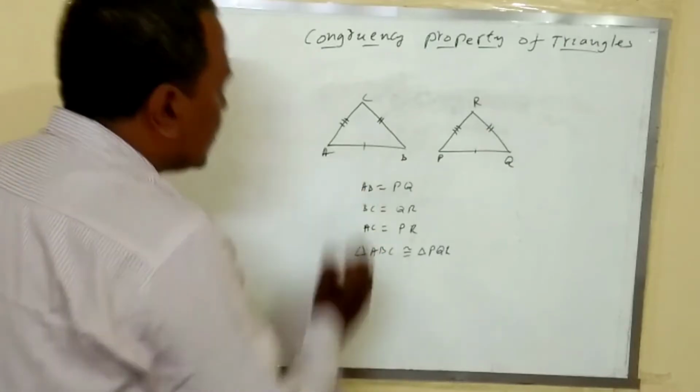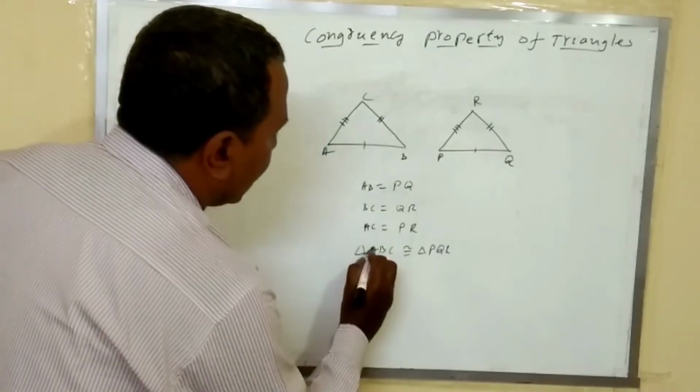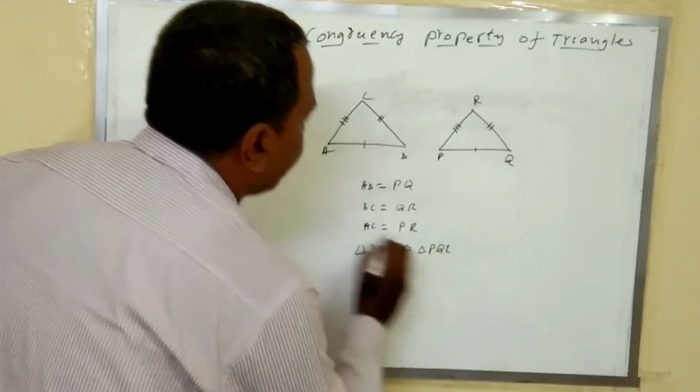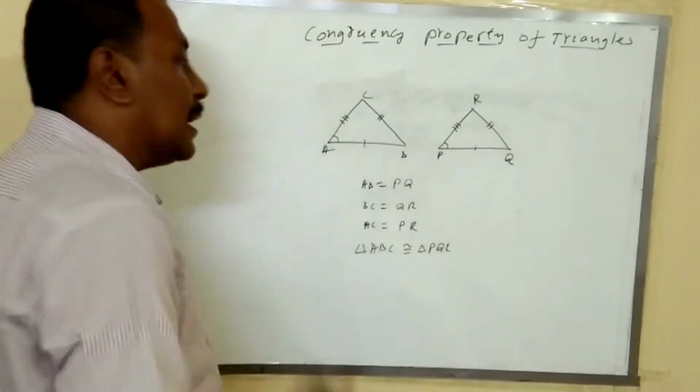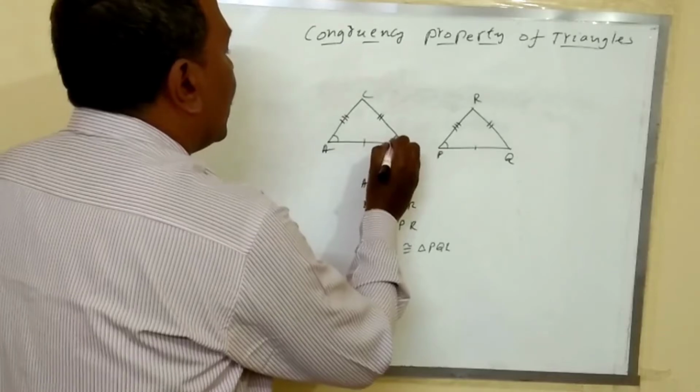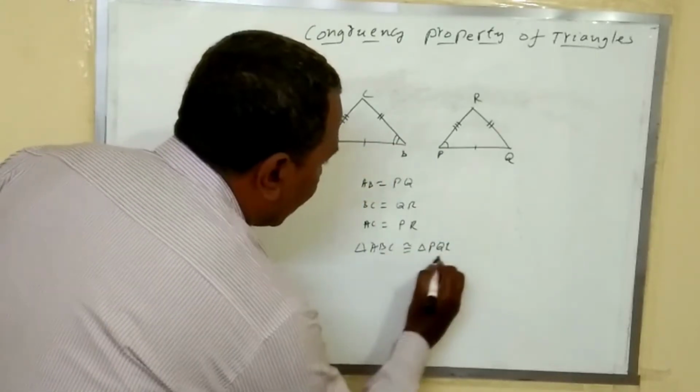Similarly, angle A. In place of A, here P is there. Angle A is equal to angle P. Corresponding angles. Angle B, in place of B, Q is there.